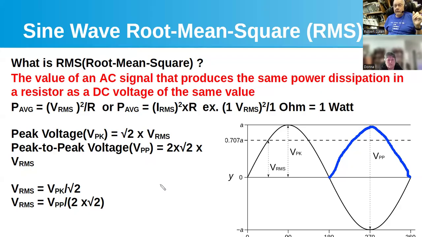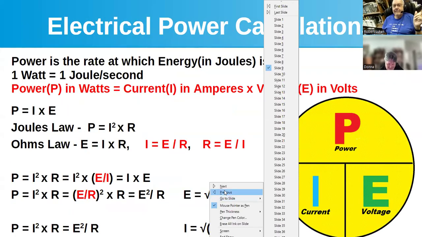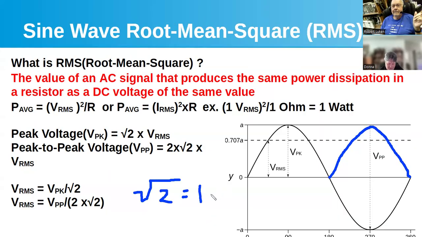Do you remember the square root of 2? 1.414. Well, it's got a 1 in it. I don't remember. I don't know why I don't remember, but I just flat out don't. That's an important one to remember.